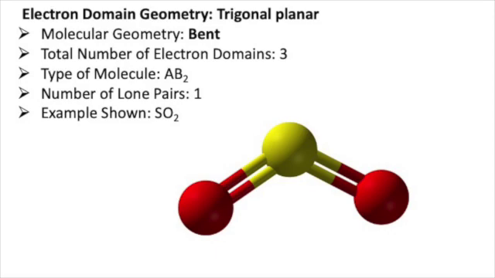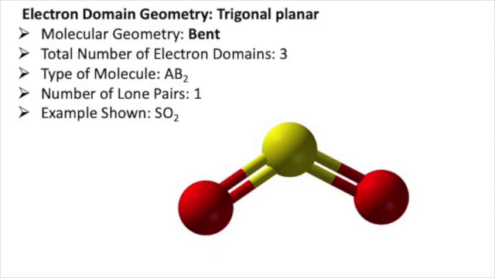So the electron domain geometry is trigonal planar, with the molecular geometry of bent, with the example of sulfur dioxide, which would have 3 electron domains.